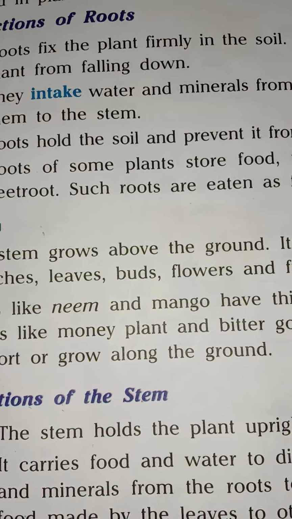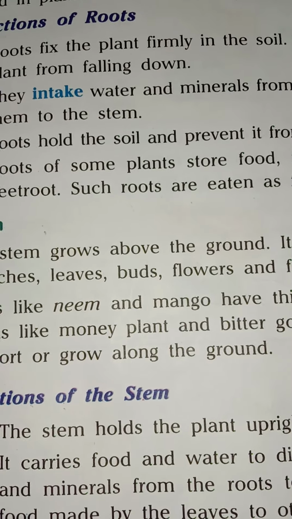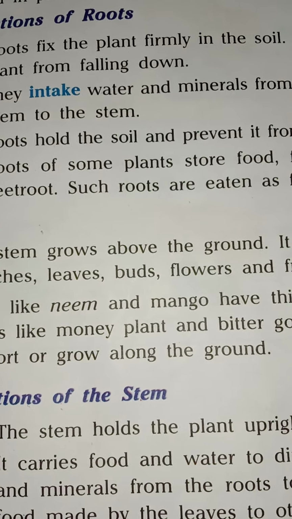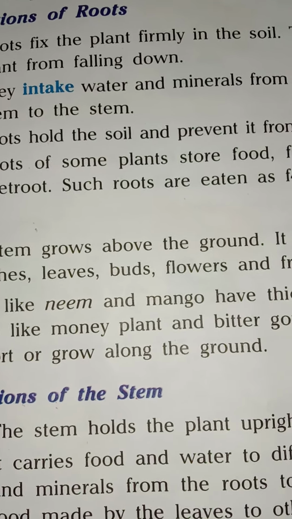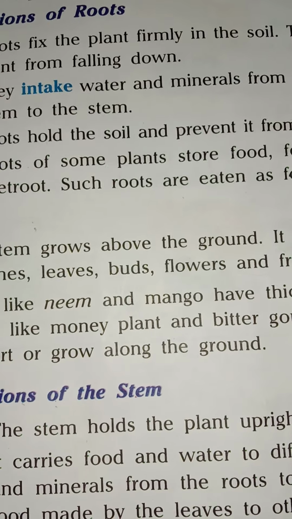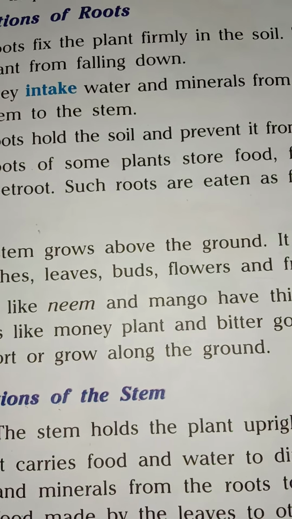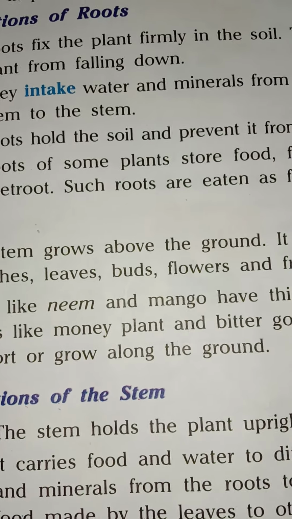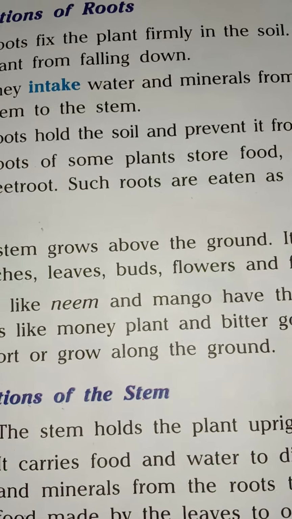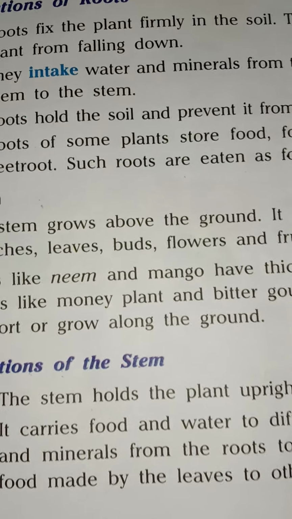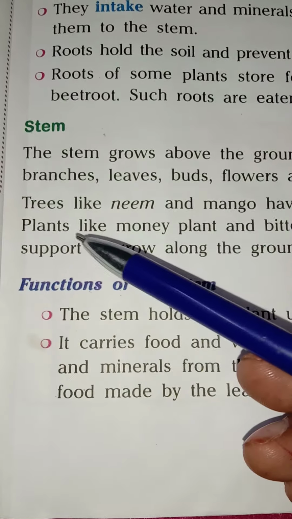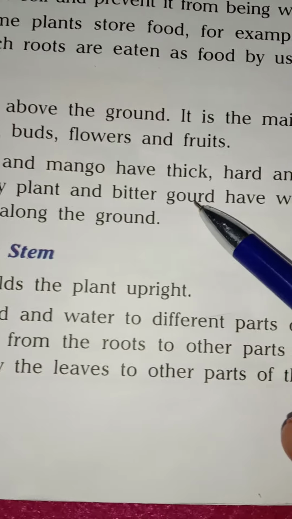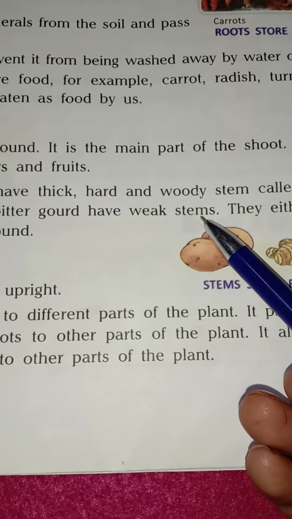This single main stem, or the trunk, gives rise to many branches that bear leaves, flowers, buds and fruits. Examples of this type of stem are neem and mango. So, student, neem and mango have trunk. Okay, now clear?